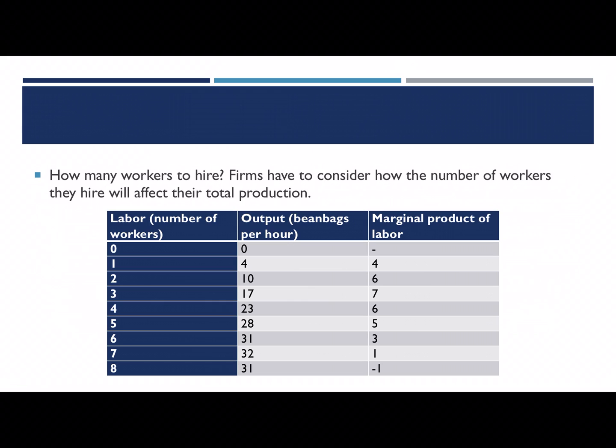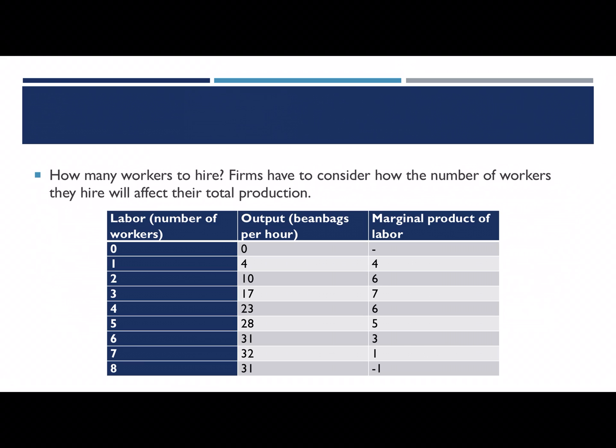So again, for the last time, let's revisit our table. We see again we peak at 3 workers. Once we add a 4th worker, we go back down. It still might even be profitable to have 5 workers. We're still producing 28 beanbags per hour, even though our marginal product of labor is at 5. So without having the economic data, the profits, etc., just looking at the table, we could probably predict between 3 and 5 workers would be this firm's optimal amount.